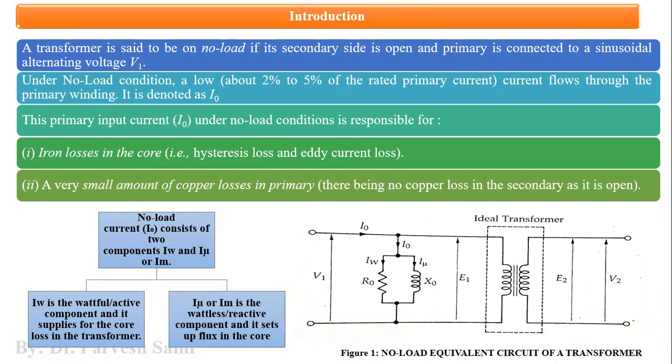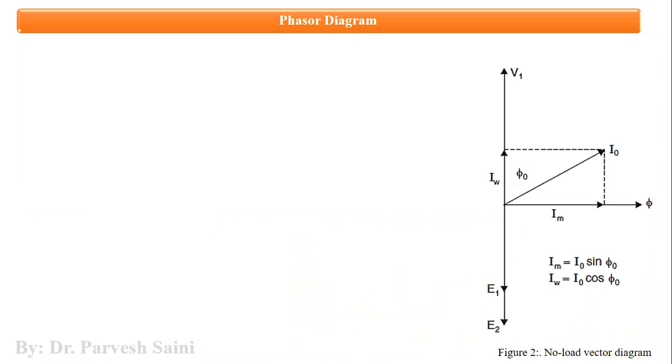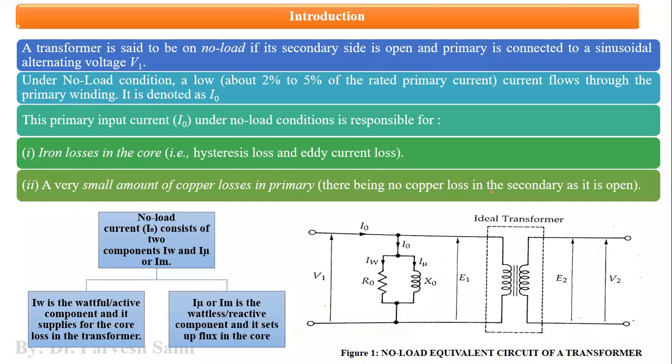So let us proceed further and understand the phasor diagram of the transformer under no load condition. As you can see, this diagram is the phasor diagram of the transformer under the no load condition. Because flux is the common parameter here, which links the two windings.